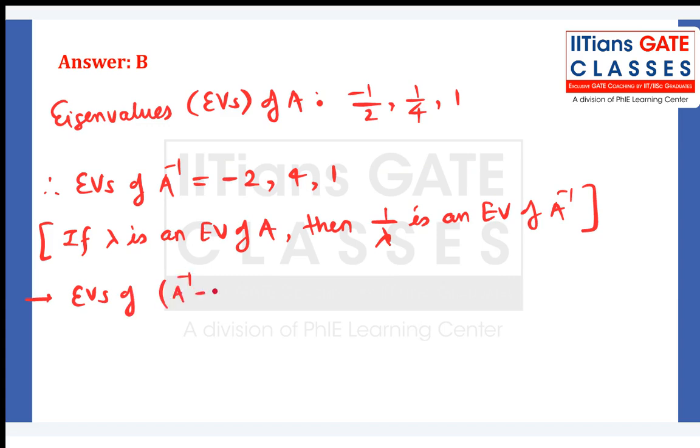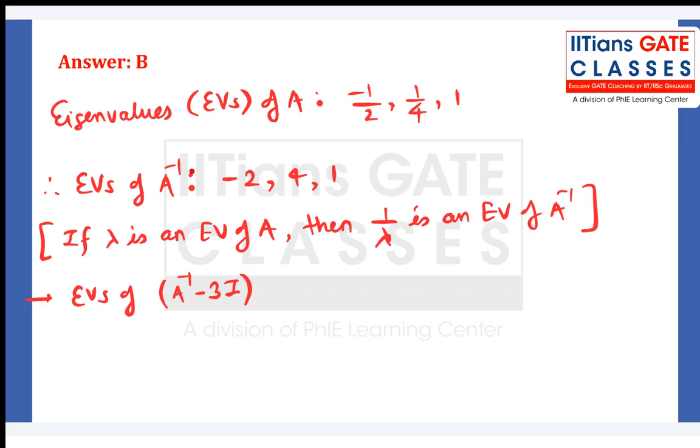So the next step is to find the eigenvalues of this A inverse minus 3i matrix. Again there is a property of eigenvalues which states that if you add or subtract an identity matrix scaled by some scalar, the eigenvalues get shifted by the same amount, which is the scalar multiplier of your identity matrix.